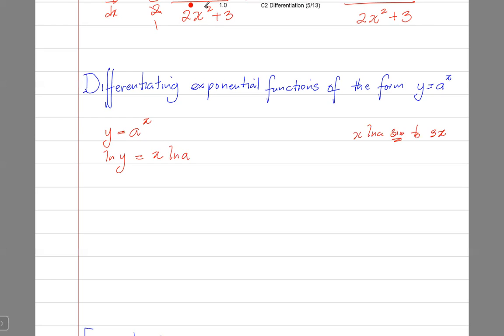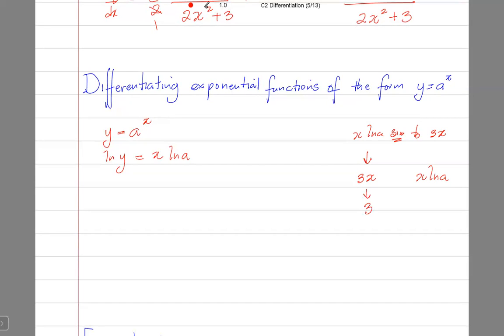Come on, guys, you're not quick. If I differentiate, these two things are the same thing. 3x and x ln a, they are the same idea, a number multiplied by x. If I differentiate 3x, I'm going to end up with 3.